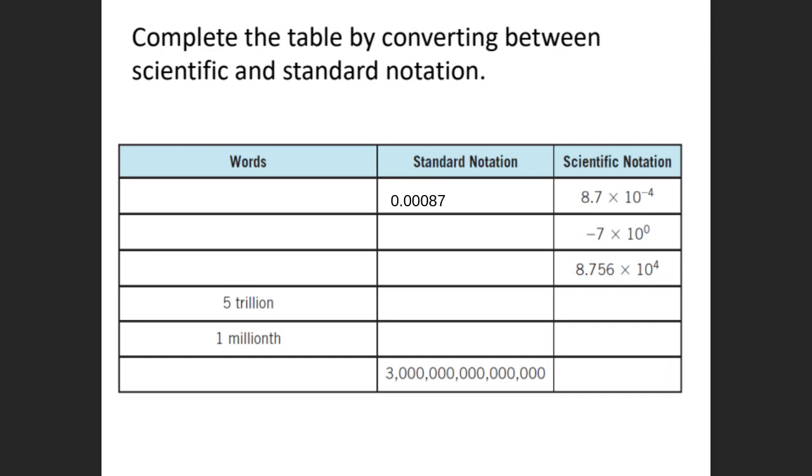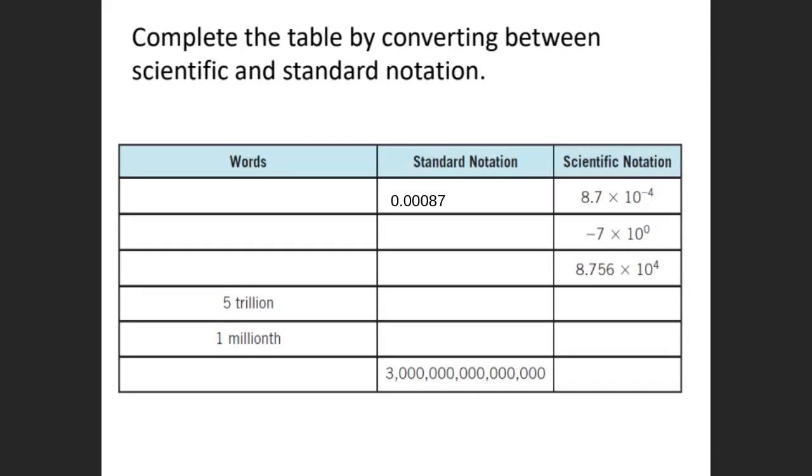Now, column 1, we're back to way back in the beginning. This is old stuff. How do I read in words the decimal 0.00087? Well, hopefully you remember this is 87.